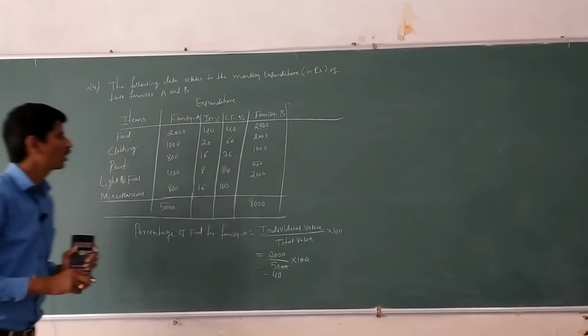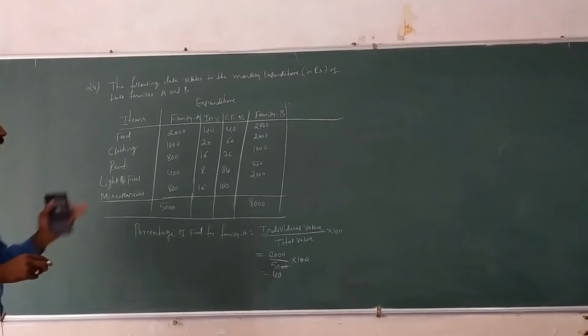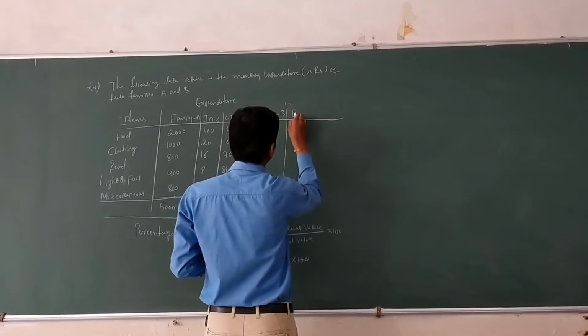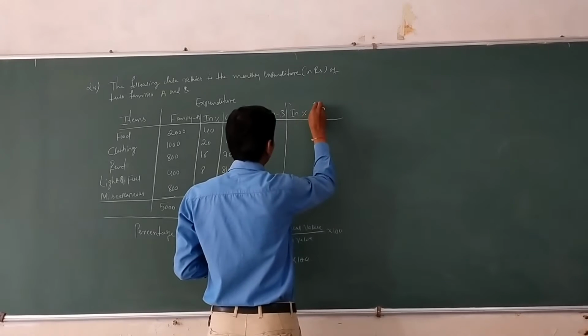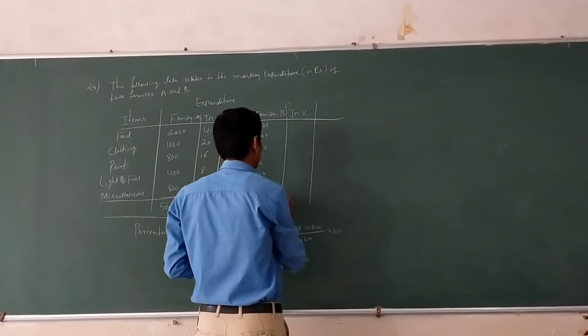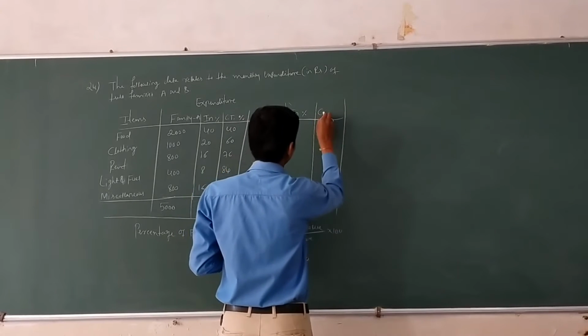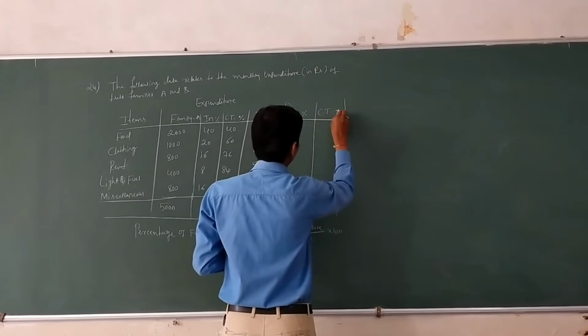That is for family A. Next, we have to find family B percentages, and then the cumulative total percentage.